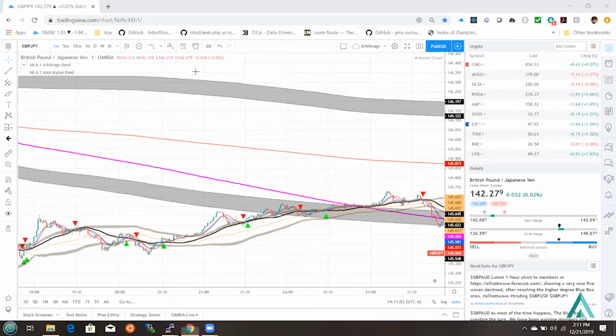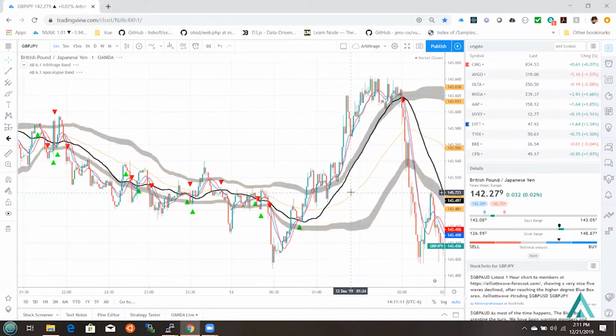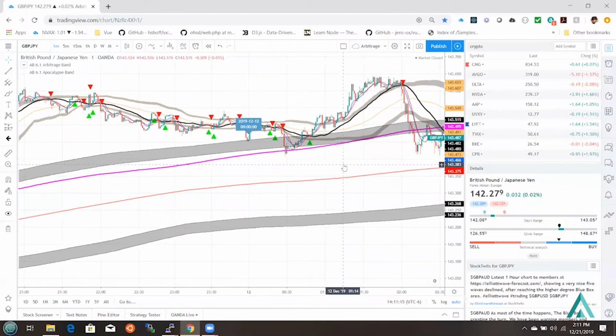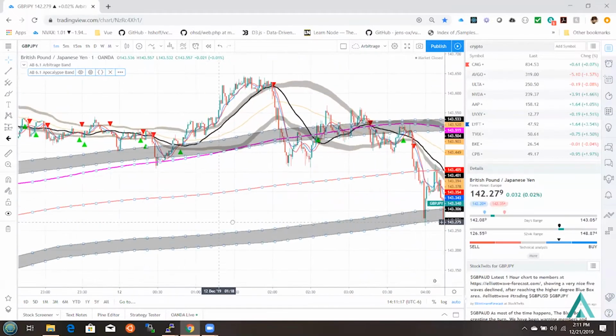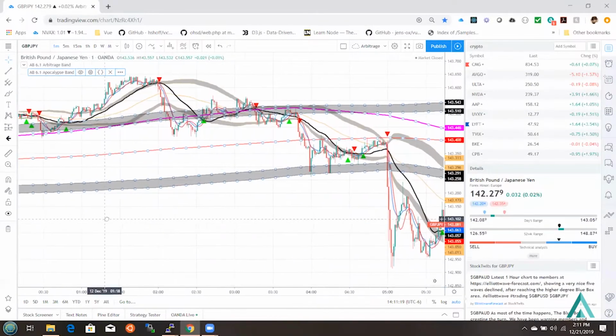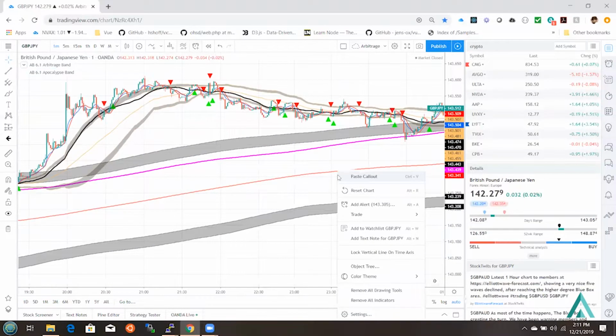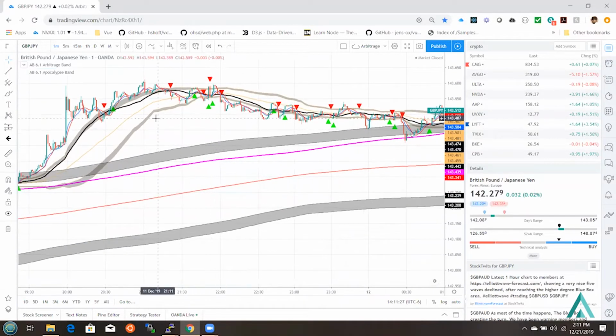All right, go to, let's see. Minute chart 12, okay. And then I'm going to zoom out so that you guys can see.